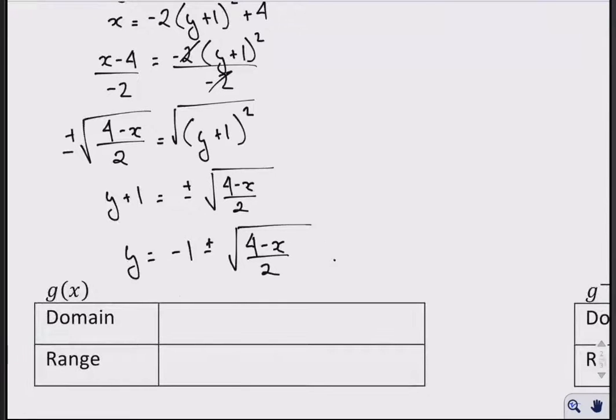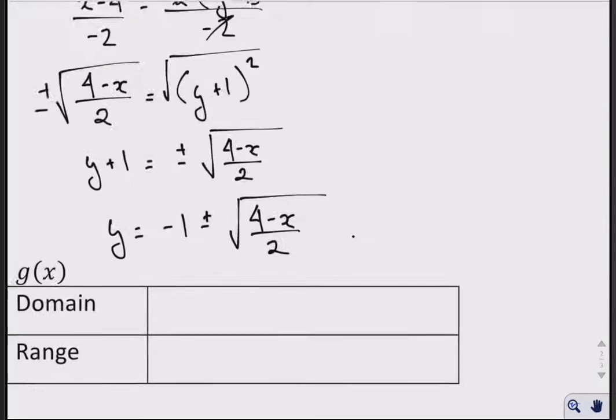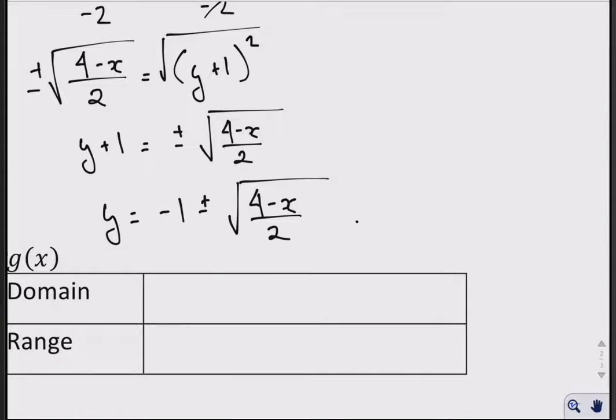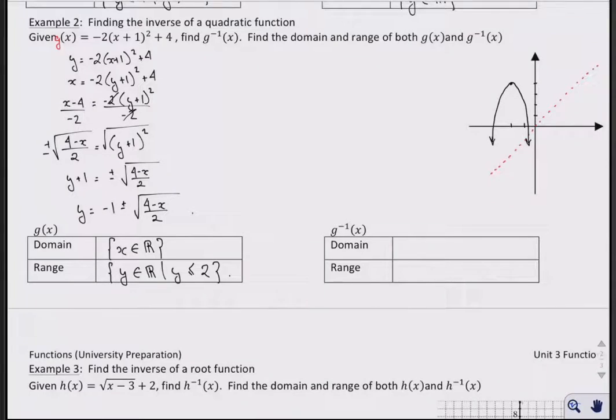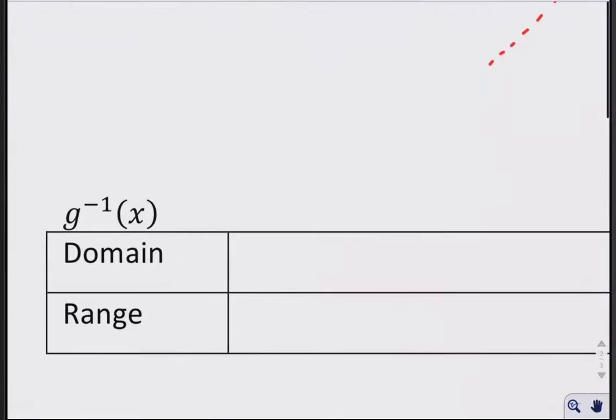There we go. So the domain of our original, well, that's pretty easy. It's all real numbers. And my range is going to be all real numbers that are less than or equal to 2. The domain of my inverse is going to be simple.